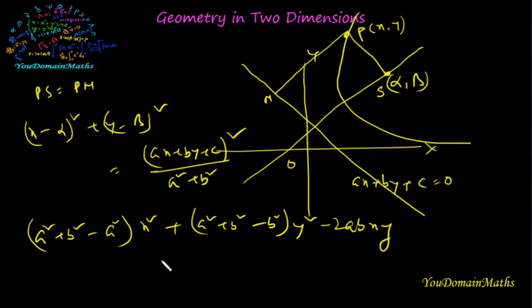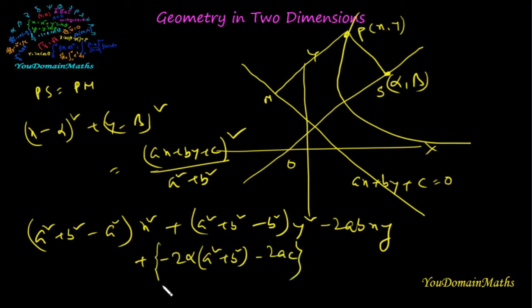The coefficient of x is minus 2 alpha (a square plus b square) minus 2ac.